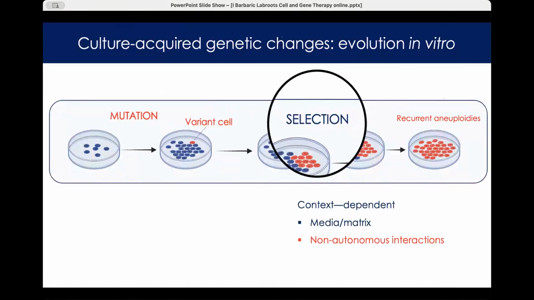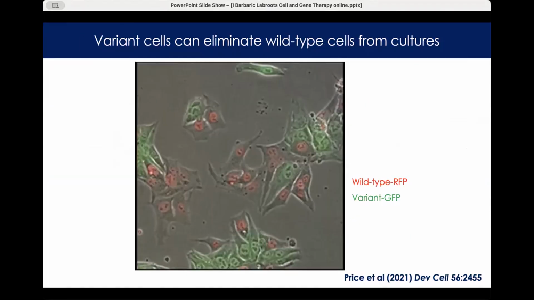Another example is really a revelation that sometimes it is not enough for cells to have just faster cell cycle time and reduced apoptosis, but variants can also be very aggressive and use non-autonomous cell-cell interactions to gain their clonal dominance.